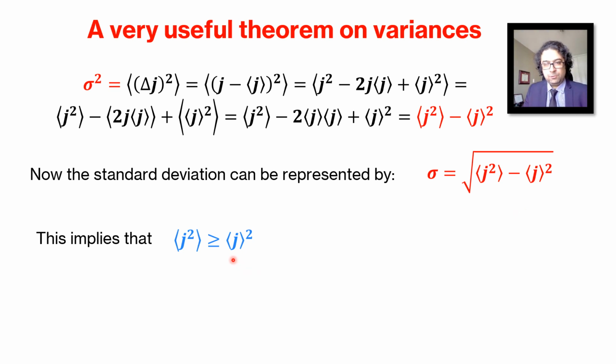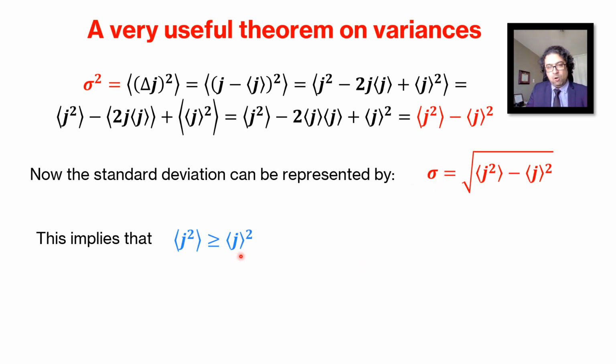Remember, in a few slides earlier, I mentioned that the average of the squares is in general not the same as the square of the averages. Now you see why here.